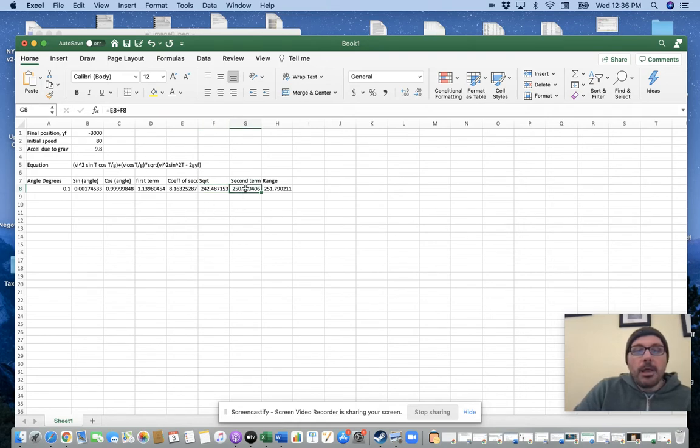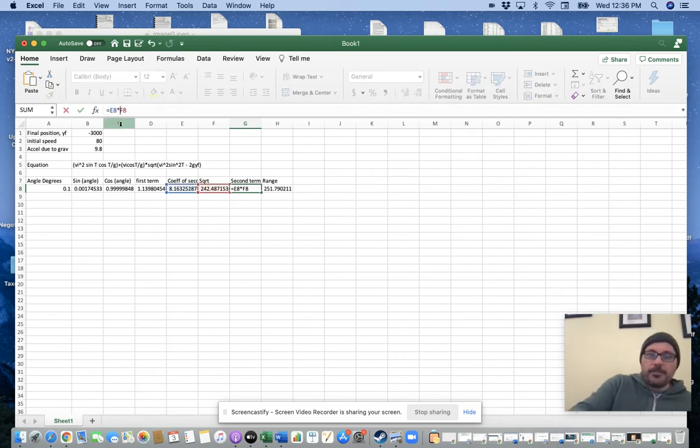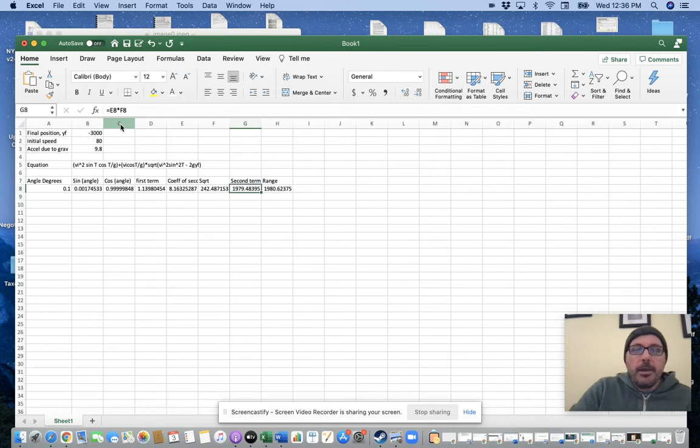And then I multiplied, or added, the second term then, that should be a multiplication. Yeah, caught my error there, right? So I added those two terms together, the coefficient times the square root, and then the range is the first term, D8, plus the second term, G8.